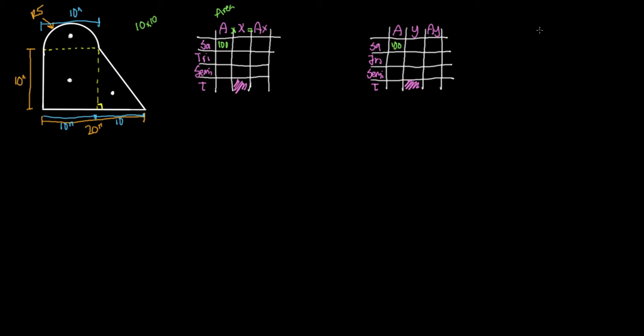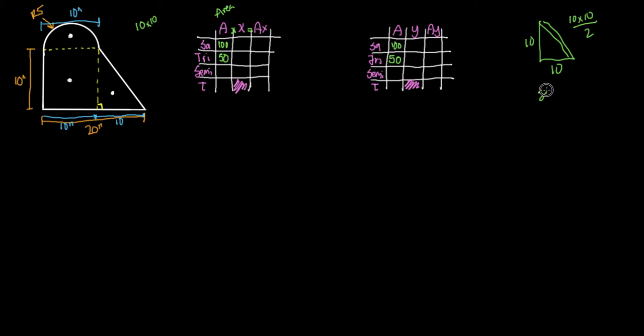Triangle. It is a 10 by 10 triangle. So we're going to do 10 times 10 divided by 2 because it is a triangle, so it's half of that square, and we're going to get 50. Alright, and then the semicircle.